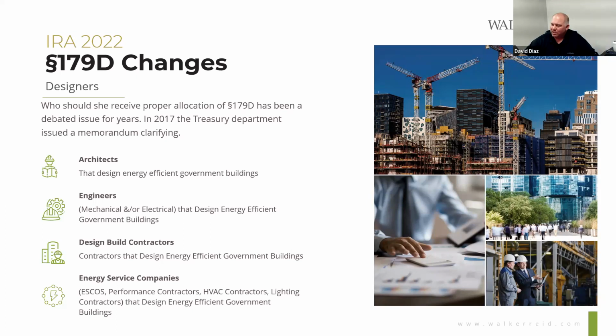Engineers as well is also a pretty good spot. But, again, unless you have the primary contractual role, you do need to be the ones creating those technical specifications and documents, right? So, mechanical and electrical engineers, just because of the nature of 179D, it's heavily focused on the mechanical components and the electrical components.